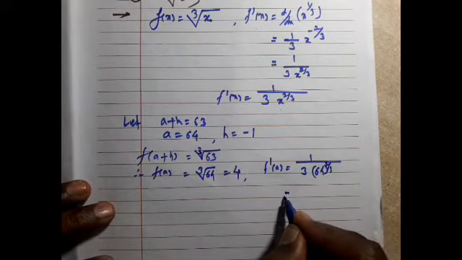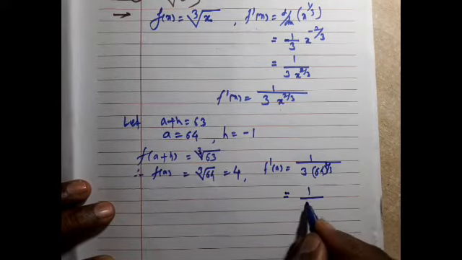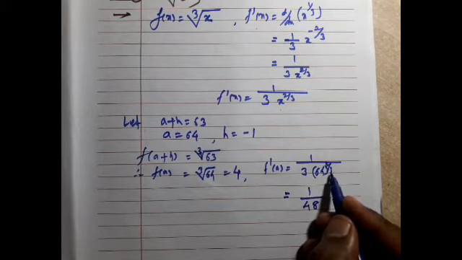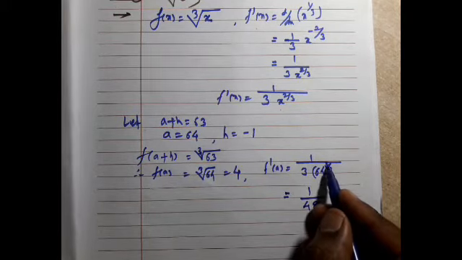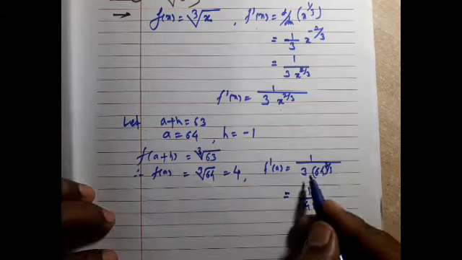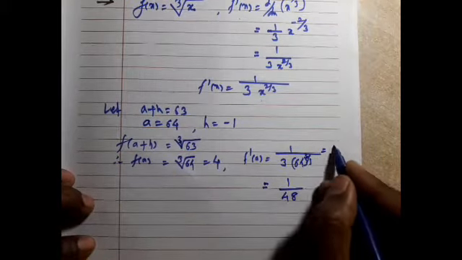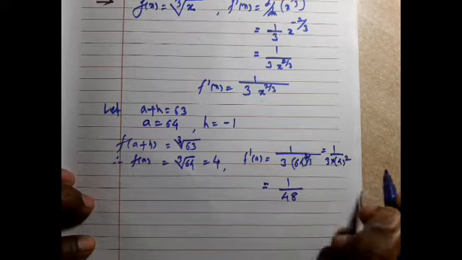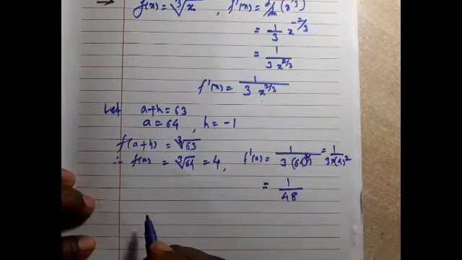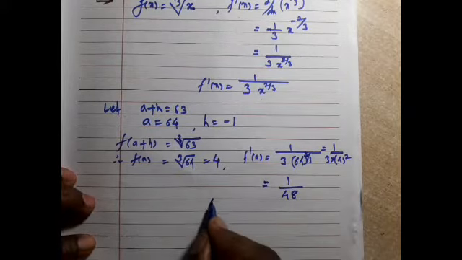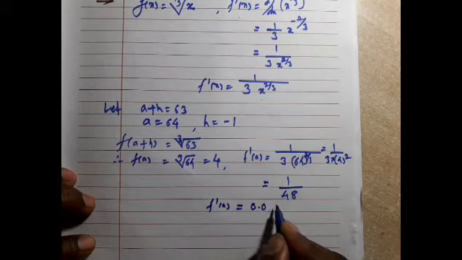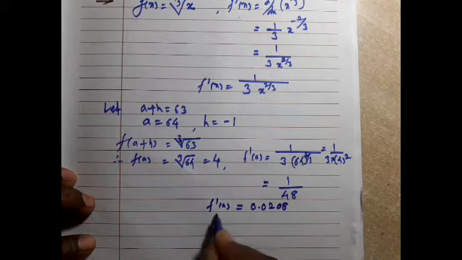This is nothing but 1 upon 48. 64 cube root is 4, and its square is 16. 3 times 16 is 48. And f dash a is nothing but 0.0208.